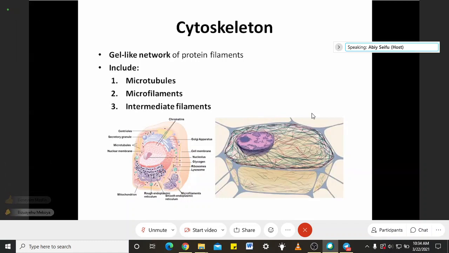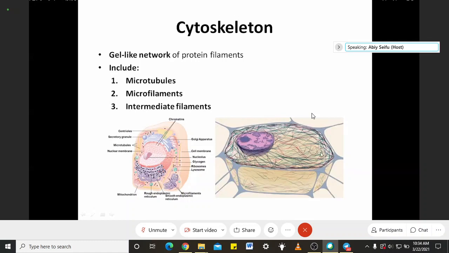Out of the non-membrane bound organelles, we have already seen the ribosomes. The next organelles I would describe are three of them collectively grouped under cytoskeleton. All the three are just networks of filamentous proteins like this.